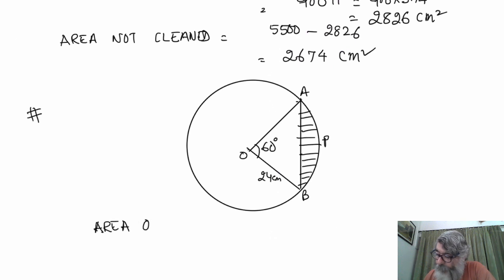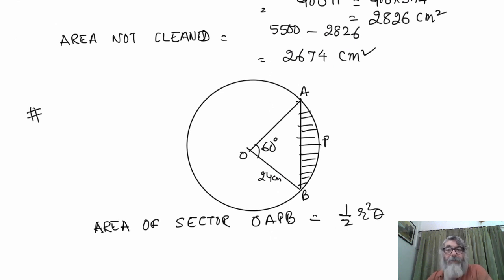Area of sector OAPB. What is the area of the sector? The formula is half r square theta, where theta has to be in radian. Remember that.